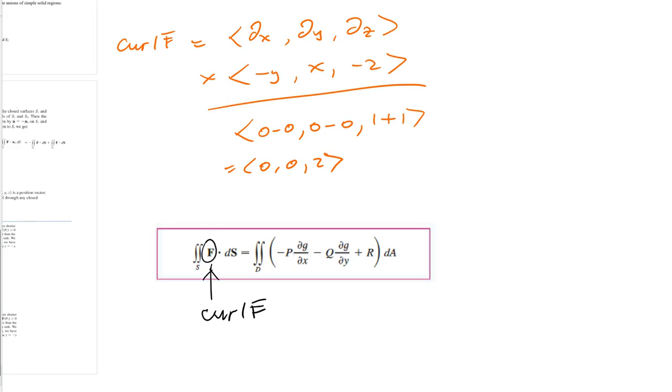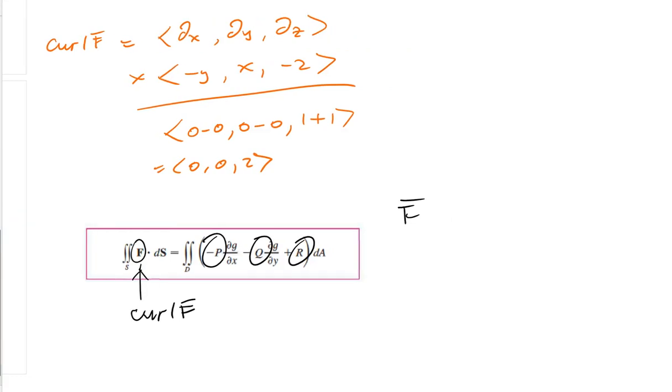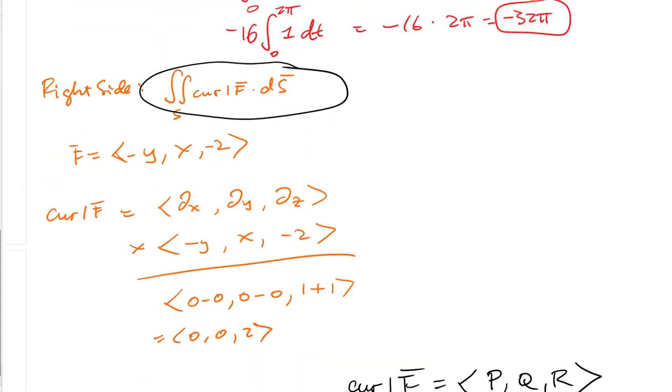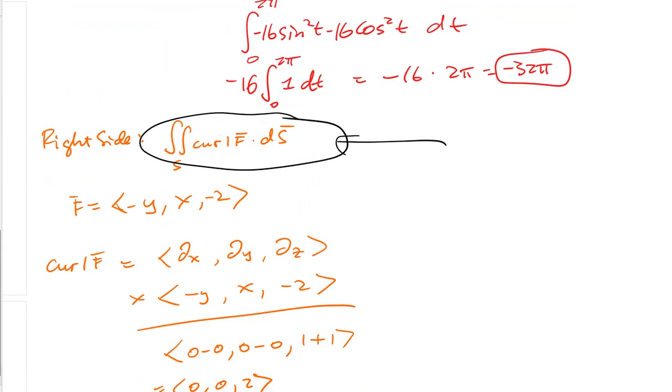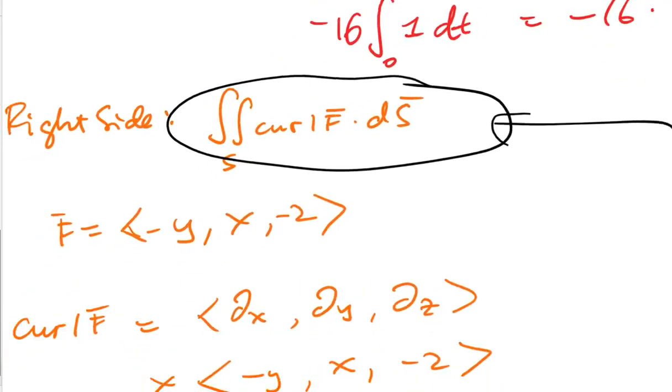So whenever you do the homework in 16.7, P, Q, and R are going to be the components of F, but now P, Q, and R will be the components of the curl of F, because the integral that we're doing is the curl of F dot dS.